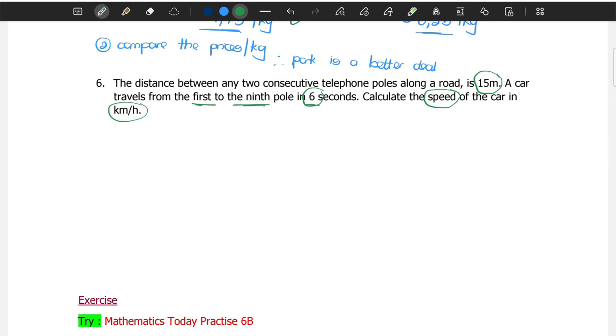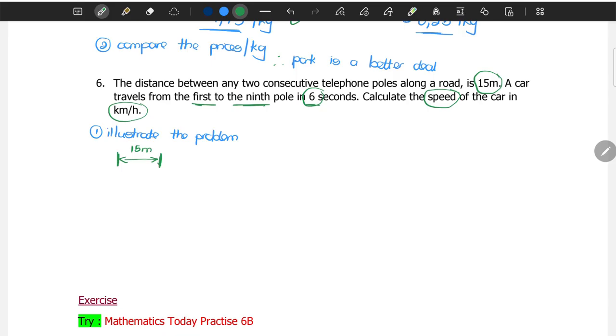So to understand what we have, I think illustration is the first important step. So illustrate the problem to visualize what it's asking. So we have from one pole to another, let's say these are 2 poles, it says it's 15 meters.